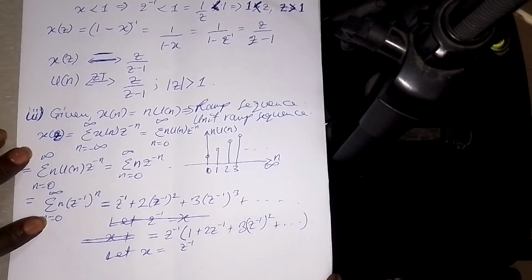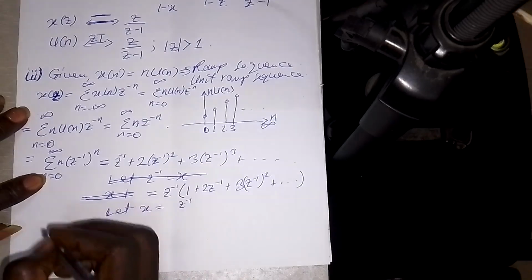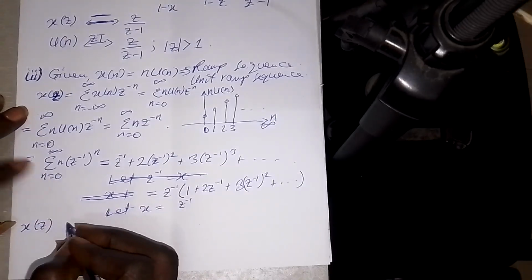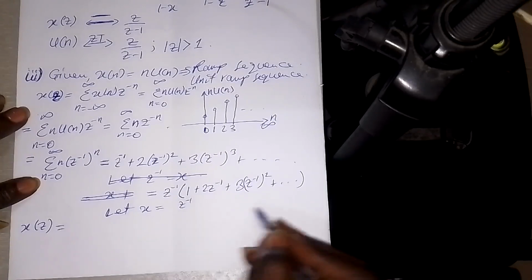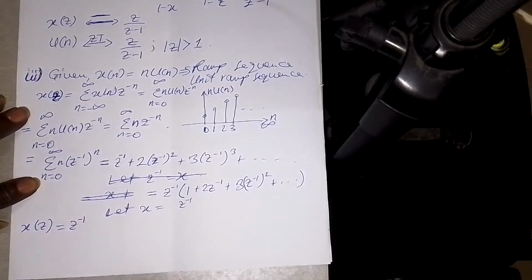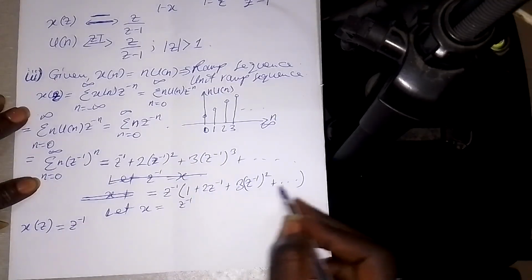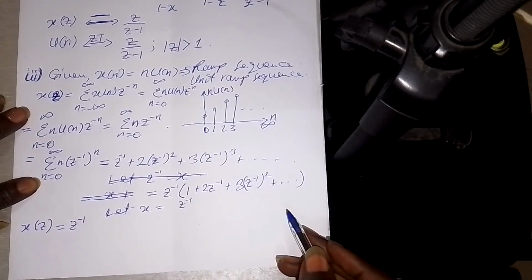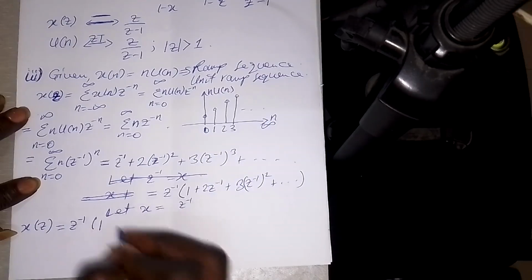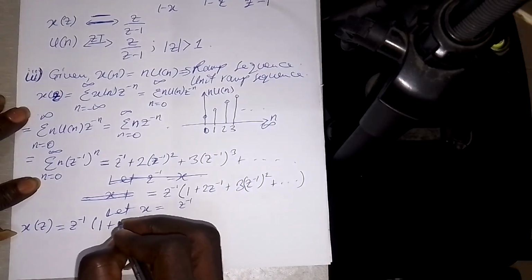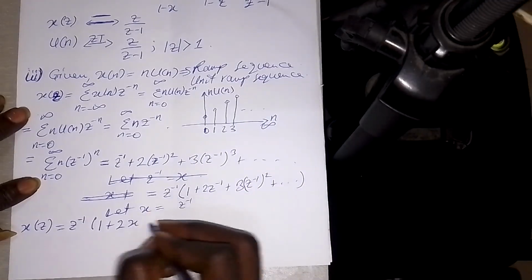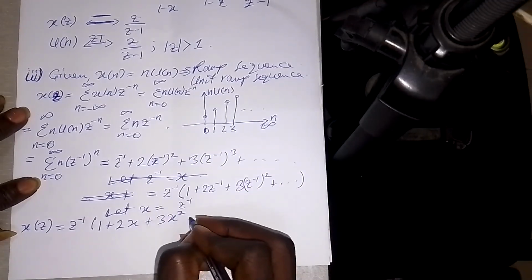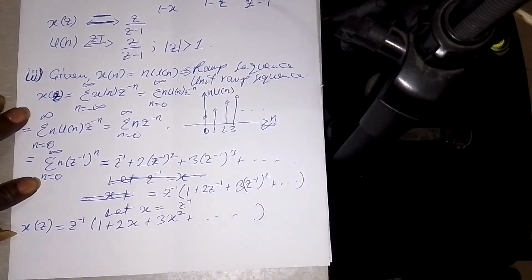Now let x be equal to z inverse. Then X of z will be equal to z exponent minus 1 times this particular series: 1 plus 2x plus 3x squared plus up to infinity, where x is the inverse of z.